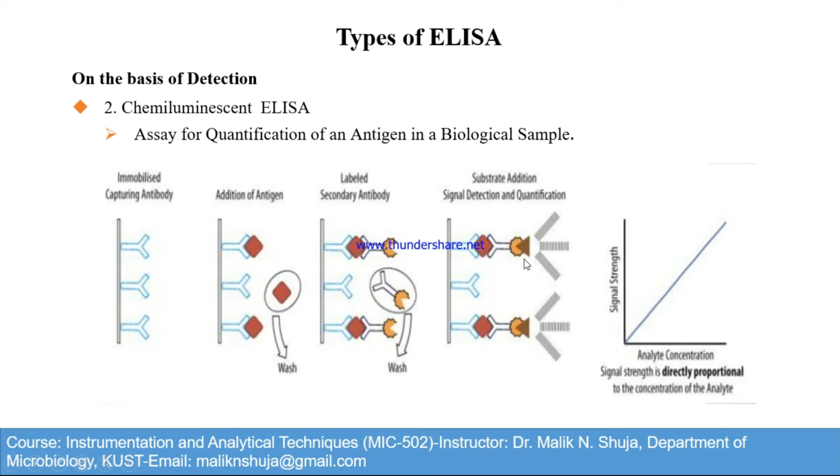When there is no complex, there will be no emission of light. So emission of light is directly proportional to the amount of analyte present in the given sample. These are increasing or decreasing in direct proportionality.